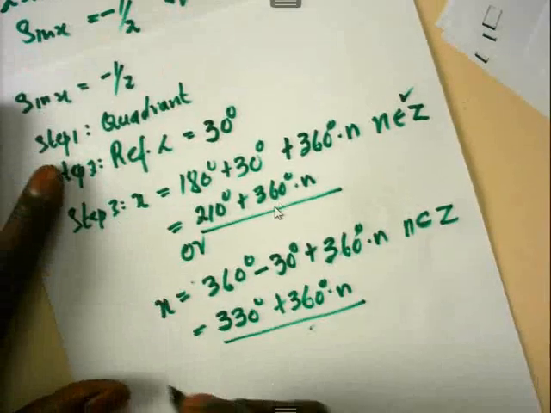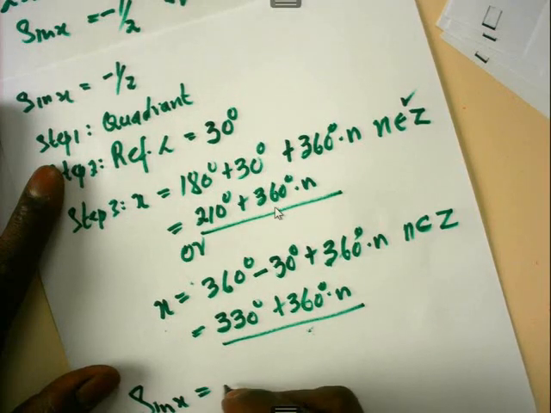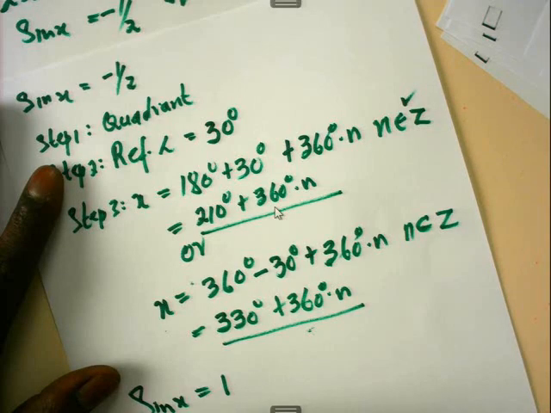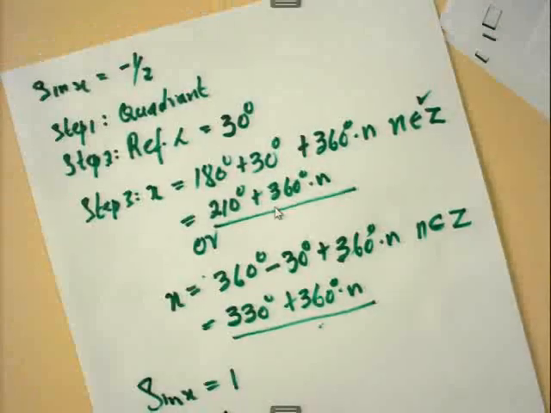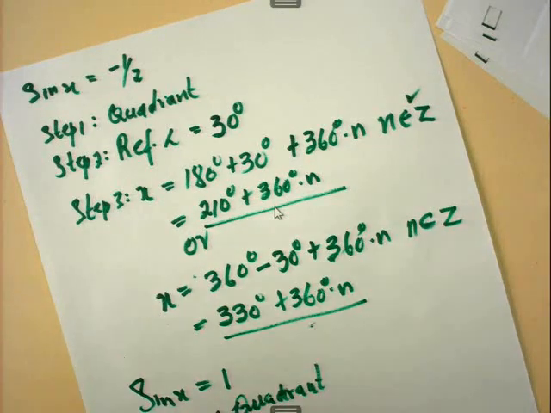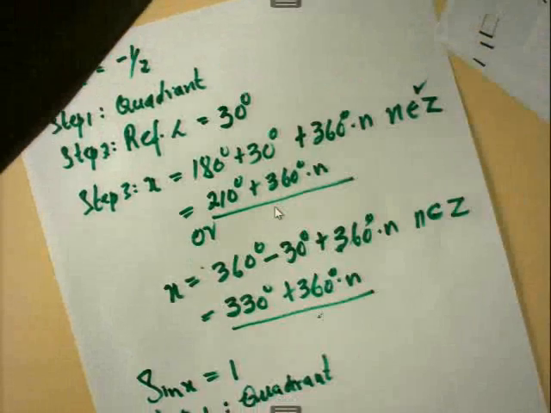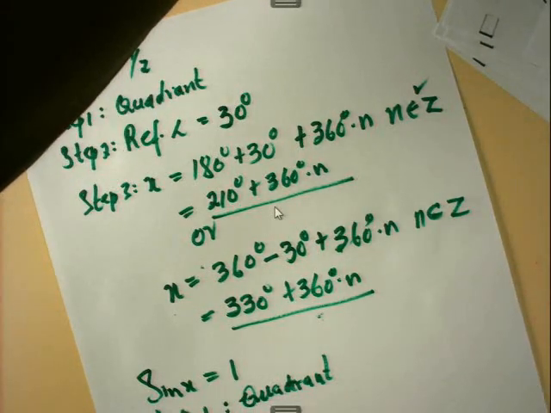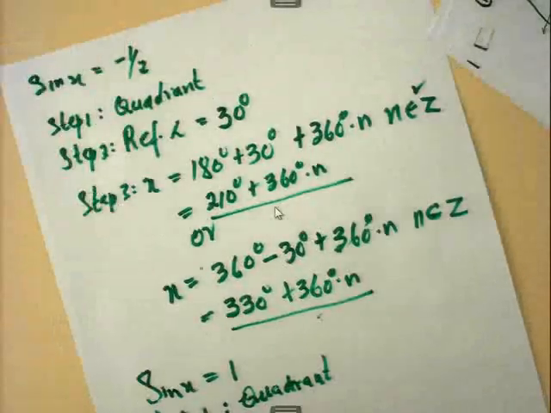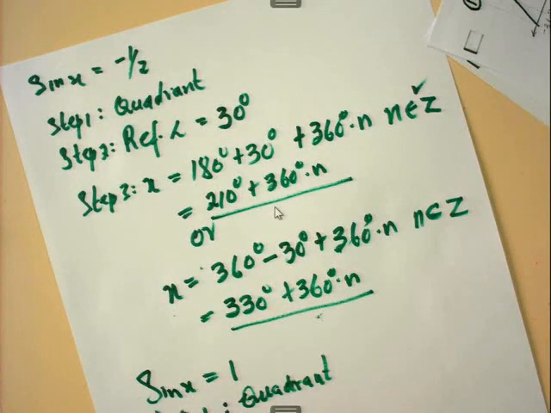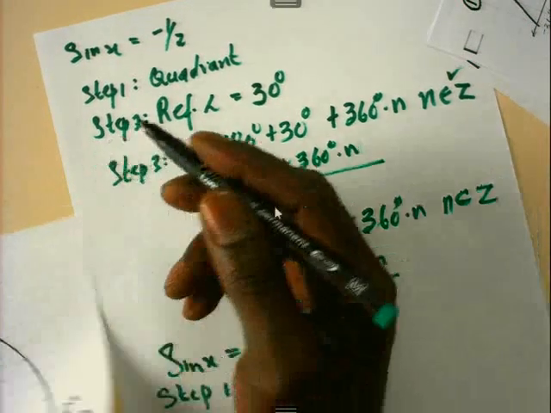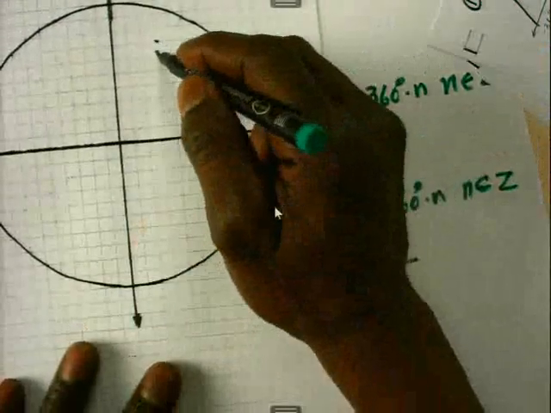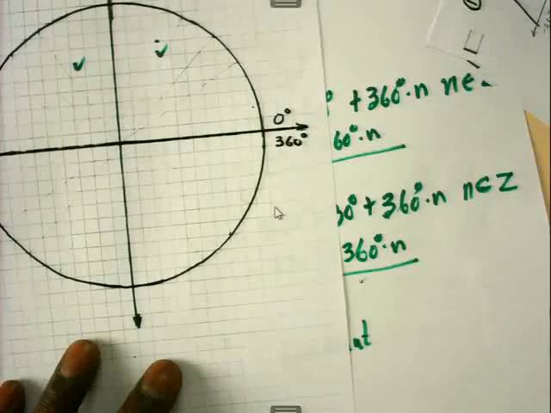So for sine x is equal to 1, step 1, we've got to find out the quadrant. This seems to be a funny problem. The ratio is positive. Now, in which quadrants is the ratio positive? That must be in the first and the second quadrant.